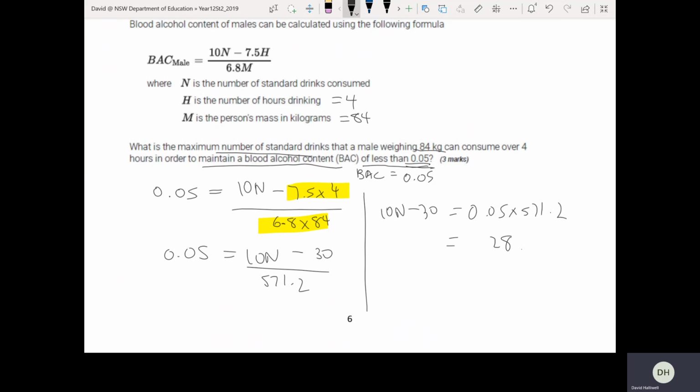Okay, we get 28.56. Add 30 to both sides. You get 58.56 and divide by 10, which is 5.856 standard drinks. And that's your answer.